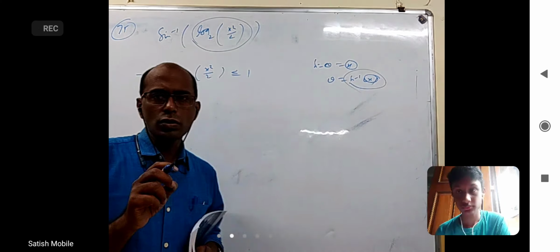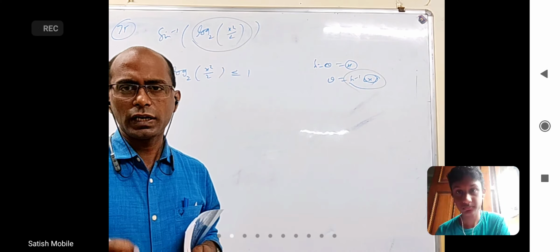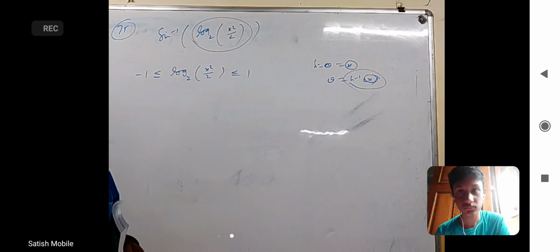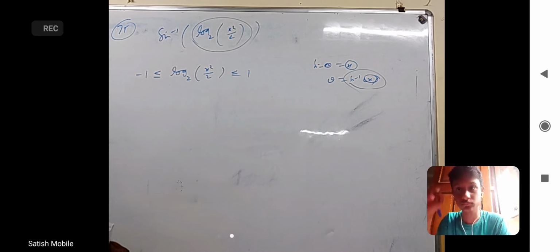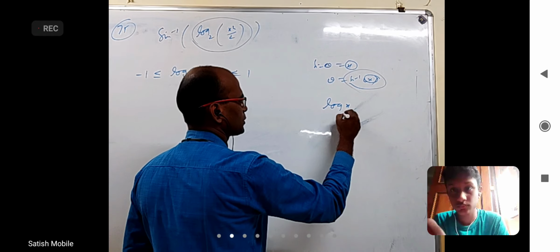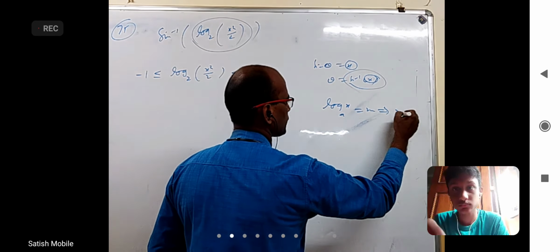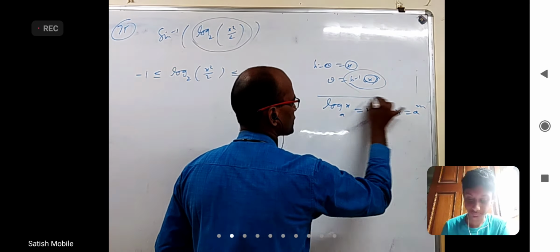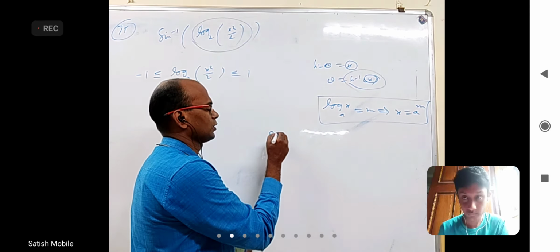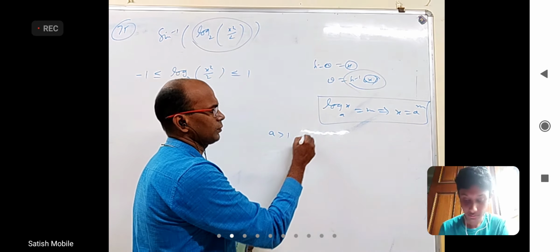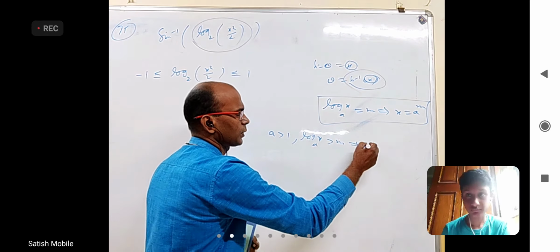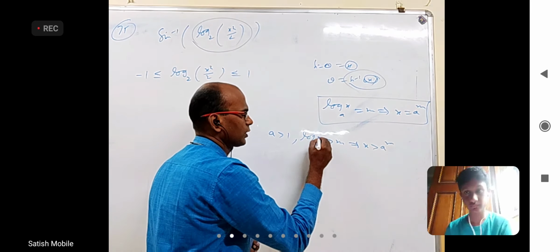Those who don't know logarithms, you will have some problem here and there. Try to understand as far as possible. Over time it will be clear, or one day we will take a class on logarithms again. In logarithms, log x base a equal to m implies x is equal to a power m. This is the basic definition of logarithm. And if a is greater than 1, log x base a greater than m implies x is greater than a power m.